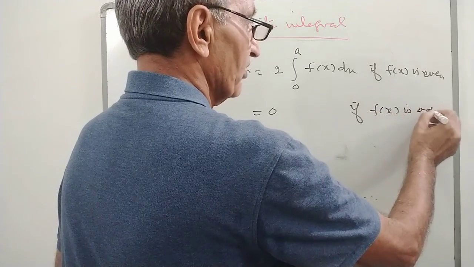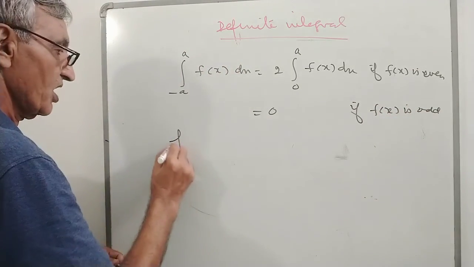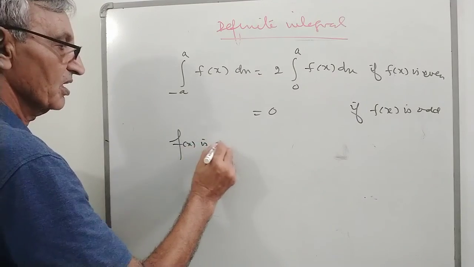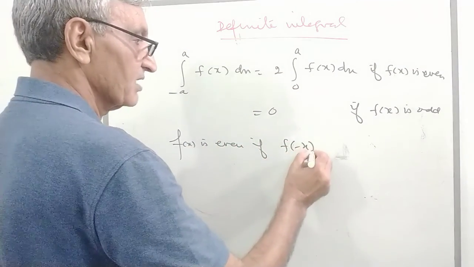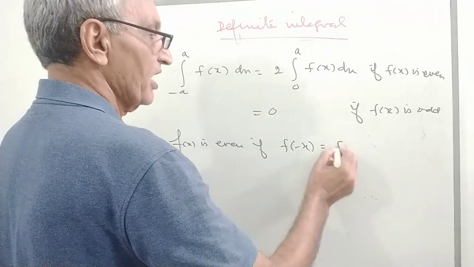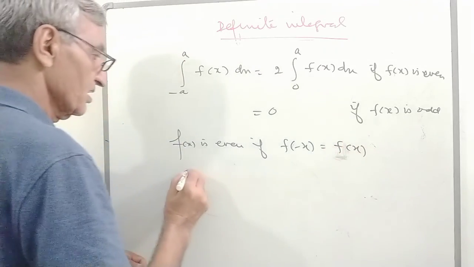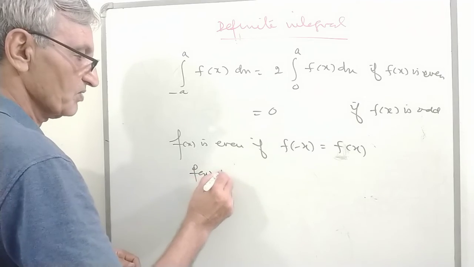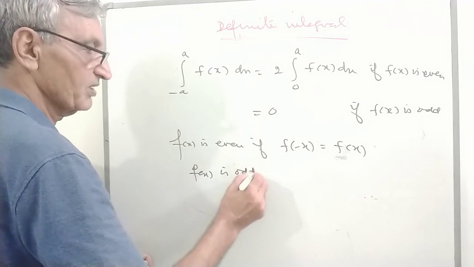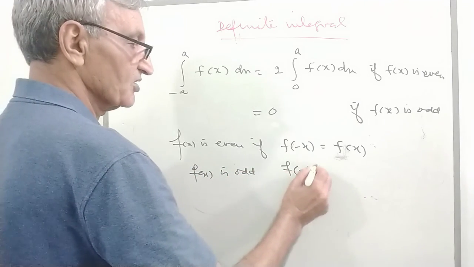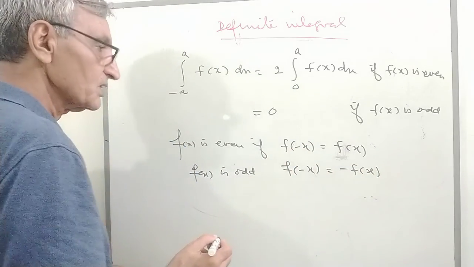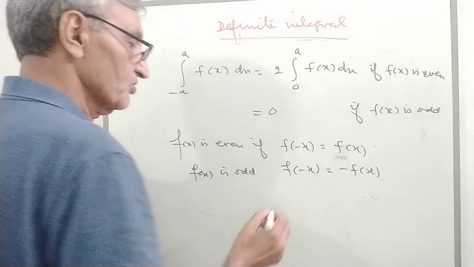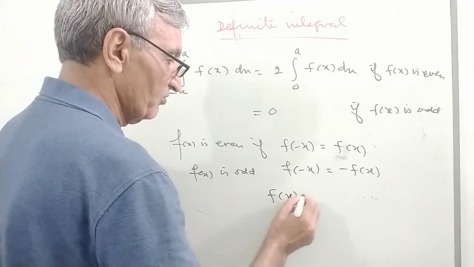Dear friend, you know very well what is even. A function f(x) is even if f(minus x) is equal to f(x), and f(x) is odd if f(minus x) is equal to minus f(x). Look here. Suppose f(x) is equal to x square, even or odd?